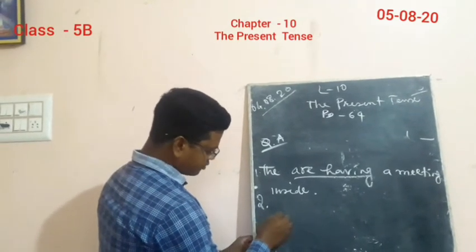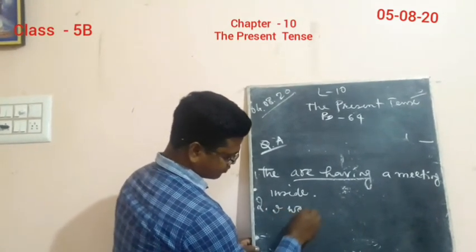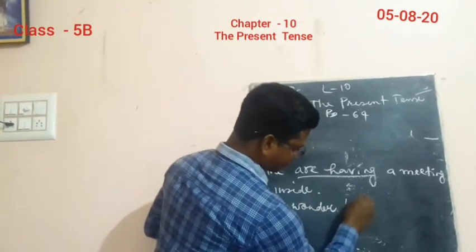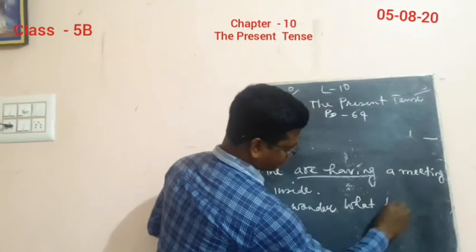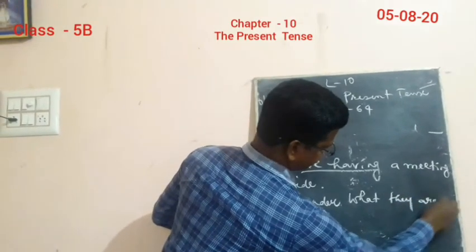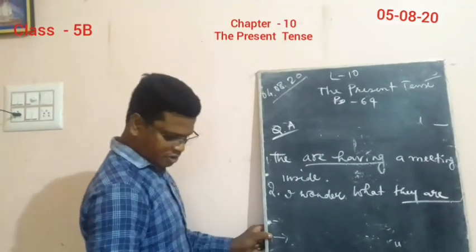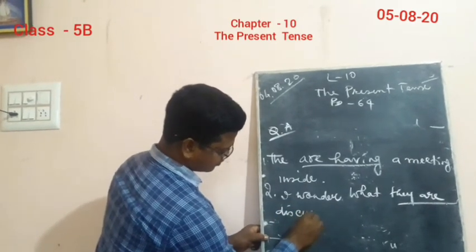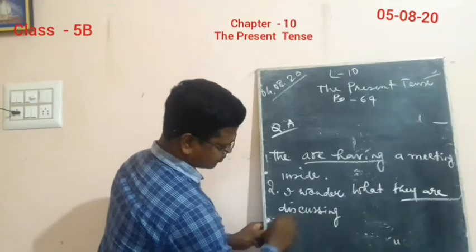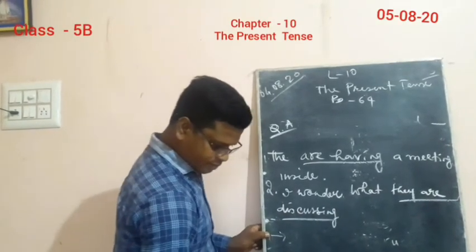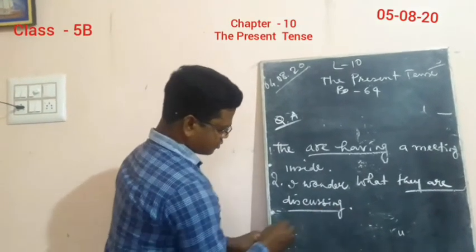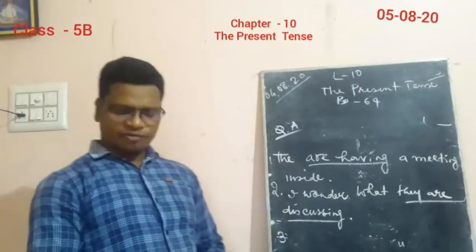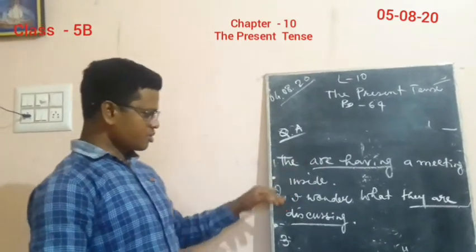I wonder what they are discussing. Then number 3. Each sentence you have to number them, just like 1, 2, 3.